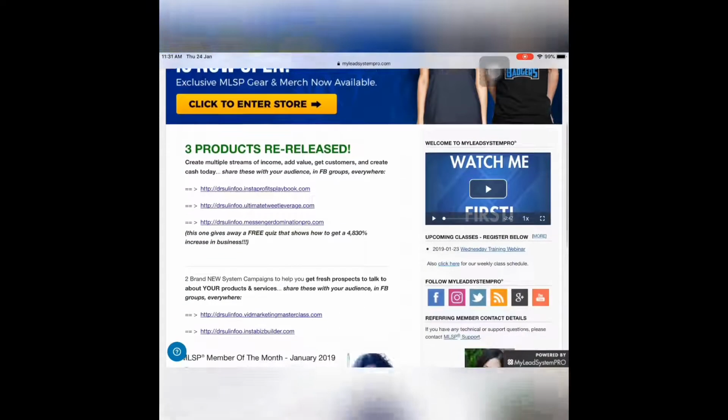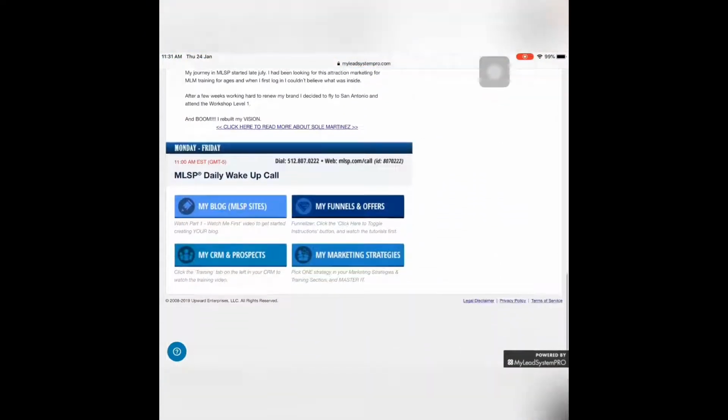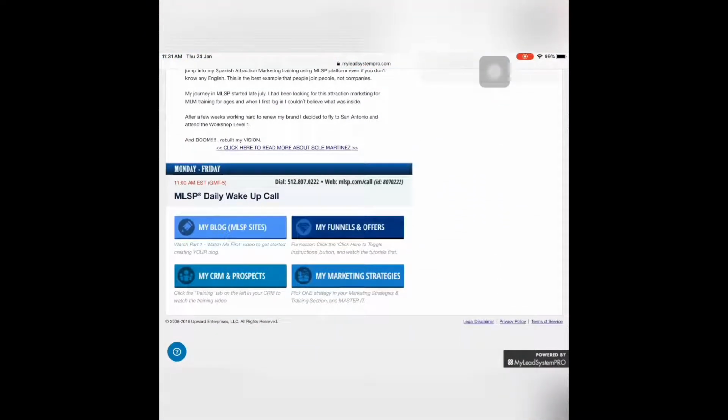Next would be they have the blogging system. This blogging system is by WordPress and is a drag and drop system, which is so easy to use because they have the ready premium themes for you to just plug and play.